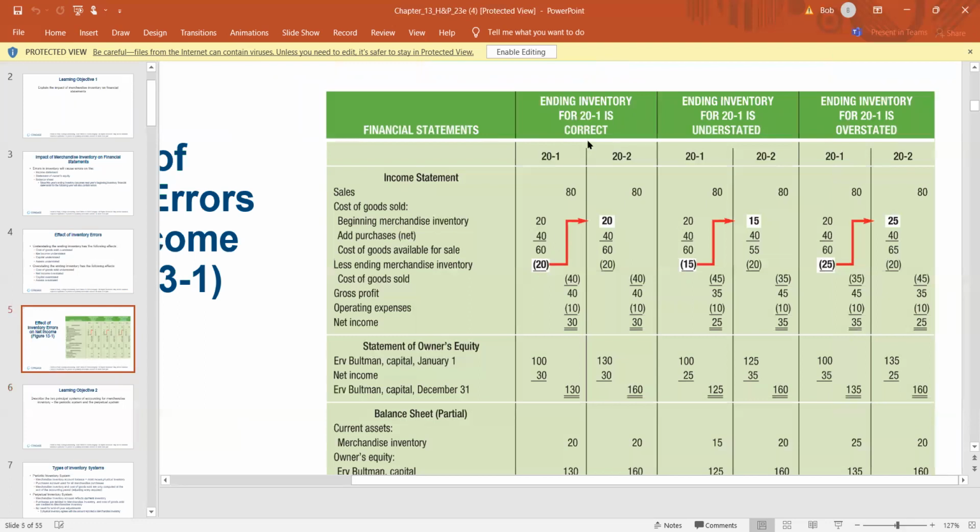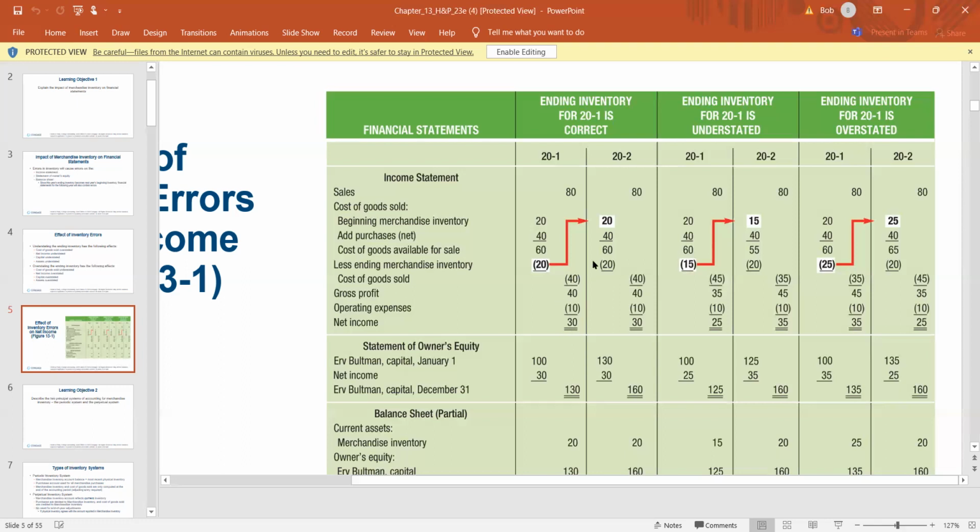Okay, you have a column of numbers that say correct. This is year one. This is year two. They correctly counted the inventory. They counted $20,000 in the inventory. And in so doing, they came up with the correct net income number of 30,000.